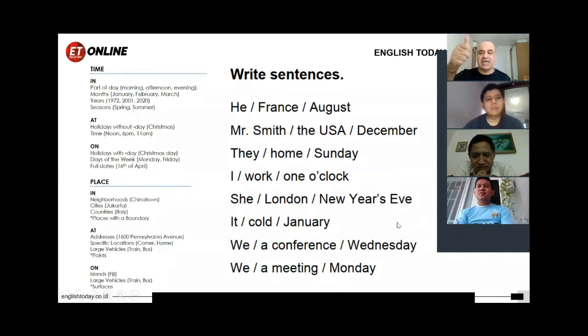So if you see day, eve, and morning, you know it has to be on. So she was in London on New Year's Eve. If there was no Eve, at New Year's; with Eve, on New Year's Eve. Same rule.